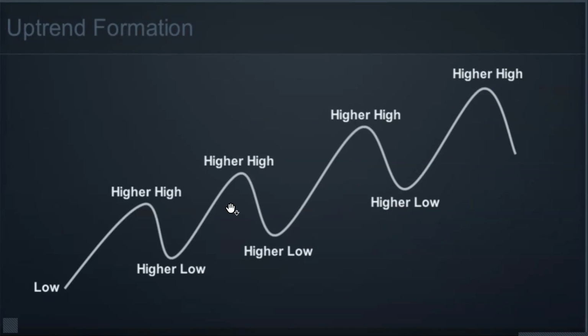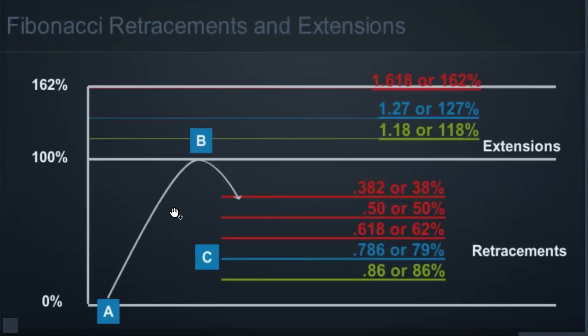But in this structure, what we want to achieve as traders is to be able to trade from C to D. That is, we want to be in the market when the market is moving from point C to point D. And we did say that if the market retraces to 86, it will extend to 1.18.